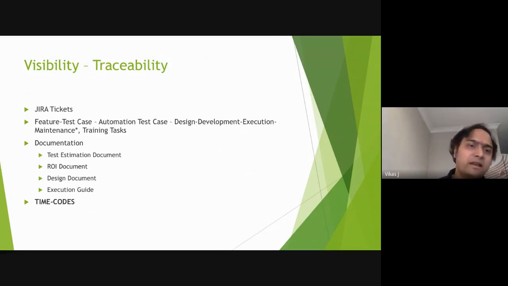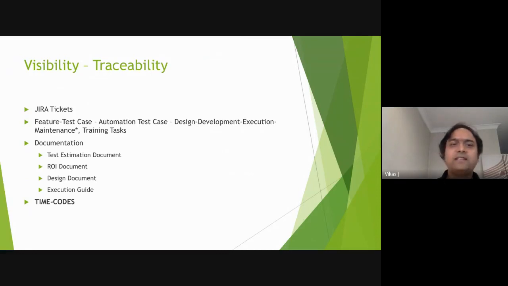So we have to break down each of these tasks and have separate time codes for each of those. Otherwise, the visibility is not there. And each of the Jira tickets needs to have traceability back to the requirement.